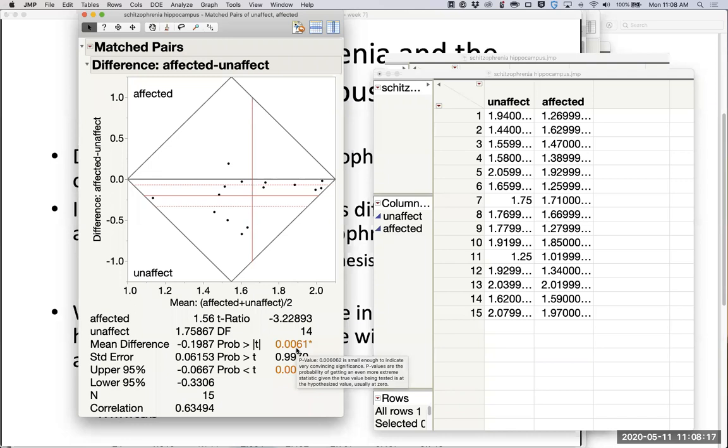In other words, I am pretty darn sure that there is a difference in the hippocampus volume between the brother with and the brother without the schizophrenia.